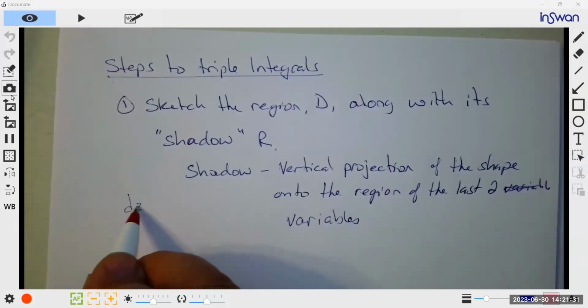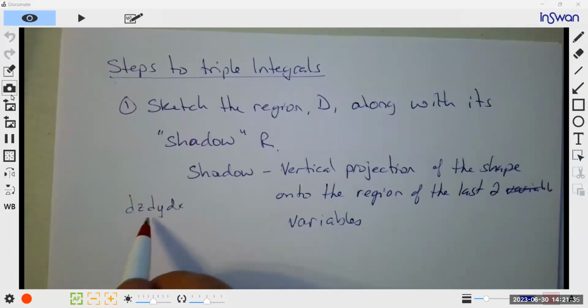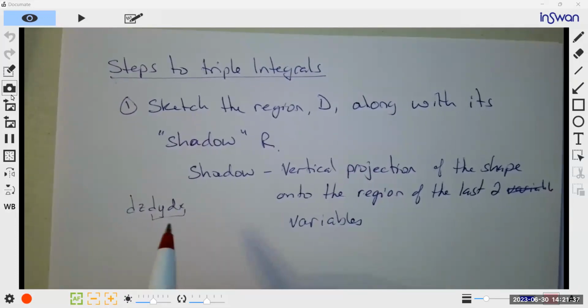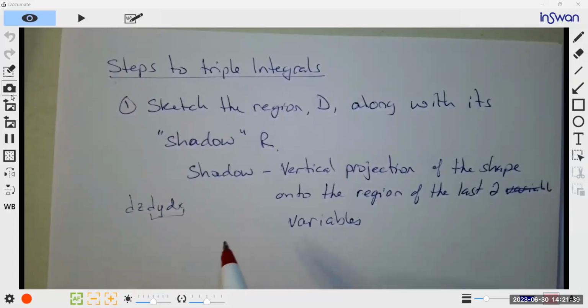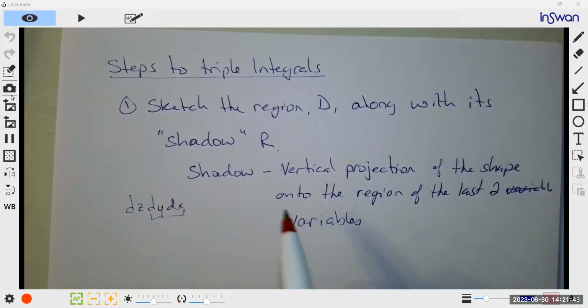Since we have dz, dy, dx, on the XY plane, that's where we're going to project our shadow. If it was XZ, then we project our shadow there. All right.